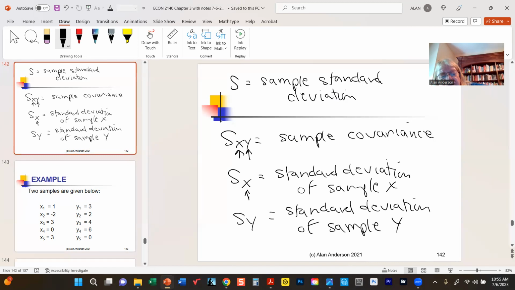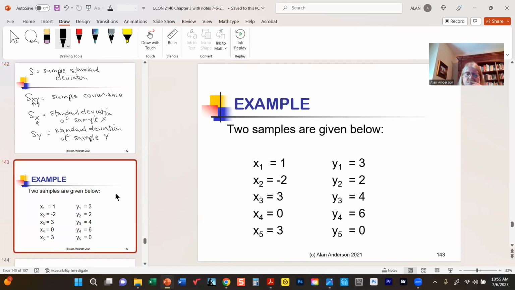So now we're going to do a numerical example. We're going to work all the way through. We're going to take a set of data for samples X and Y, and we're going to calculate the covariance between them. All right, so first of all, here's the data.